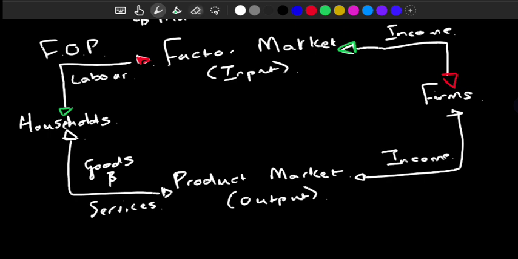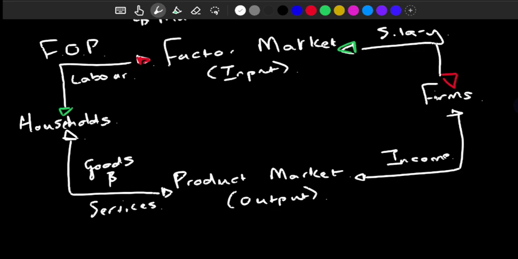So this, I shouldn't write income. I think that's going to be confusing. Salary, you pay salaries. And then in the product market, firms sell their goods and services for income.